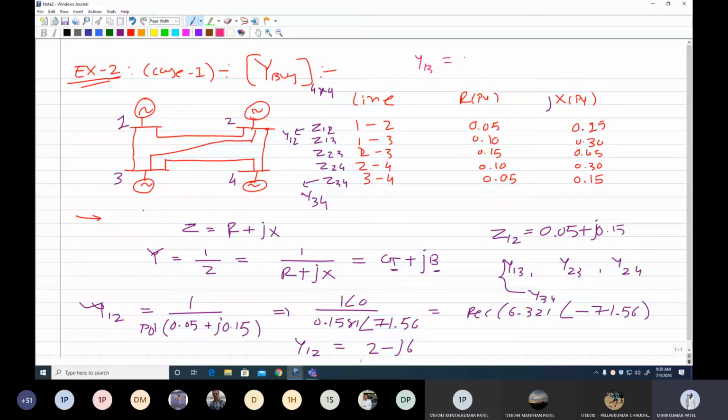Y13 is equal to 1 minus 2j. Yes, very good. Then the value of Y23.